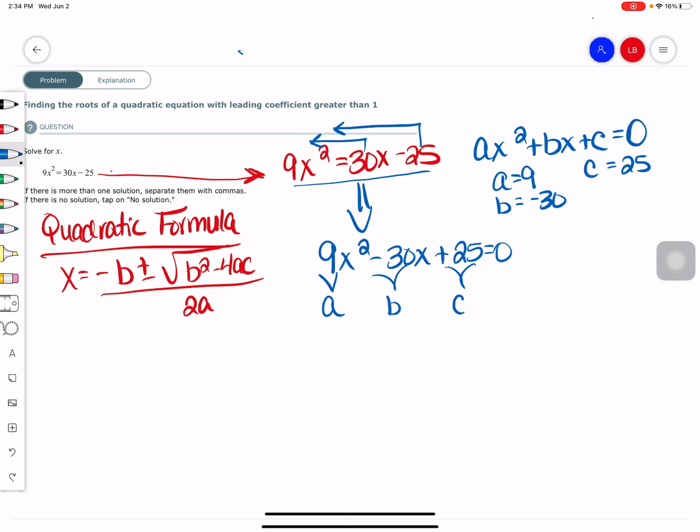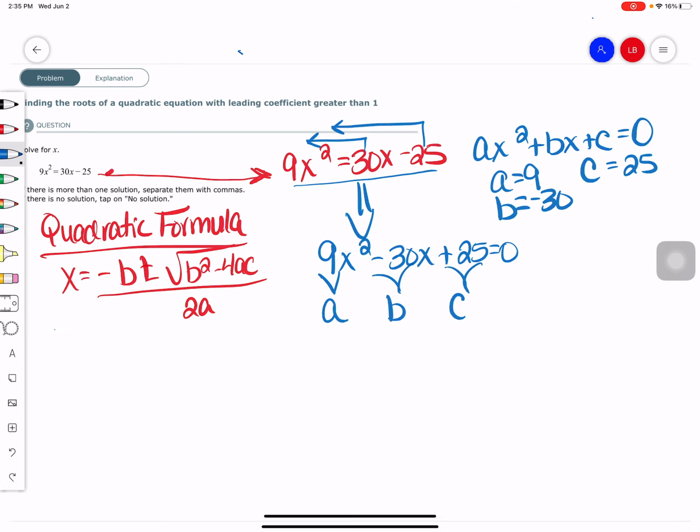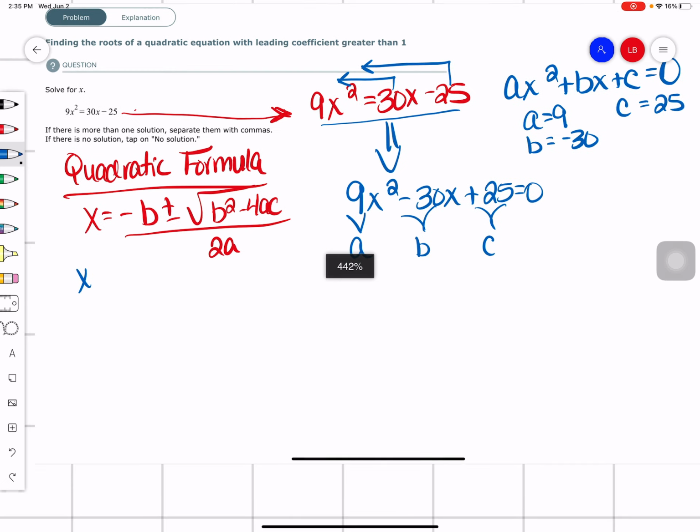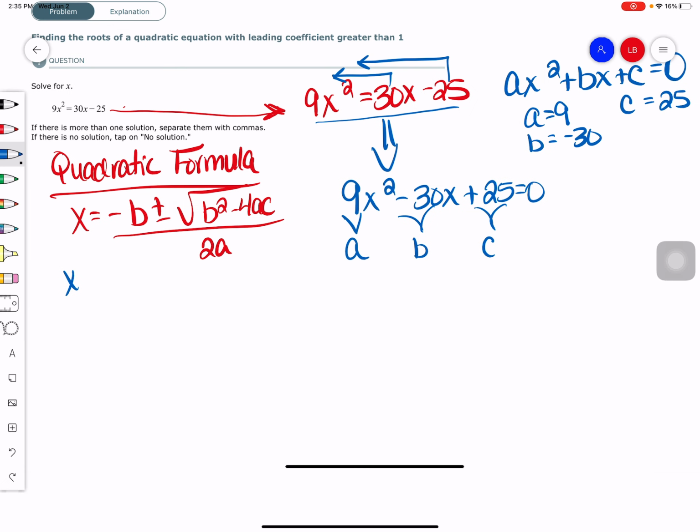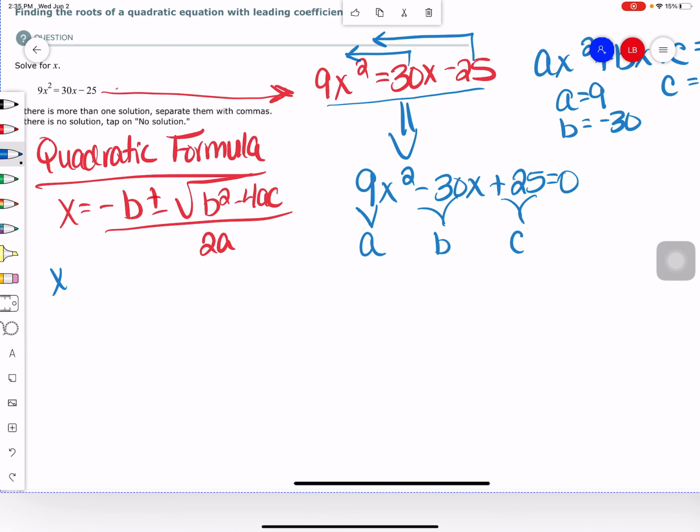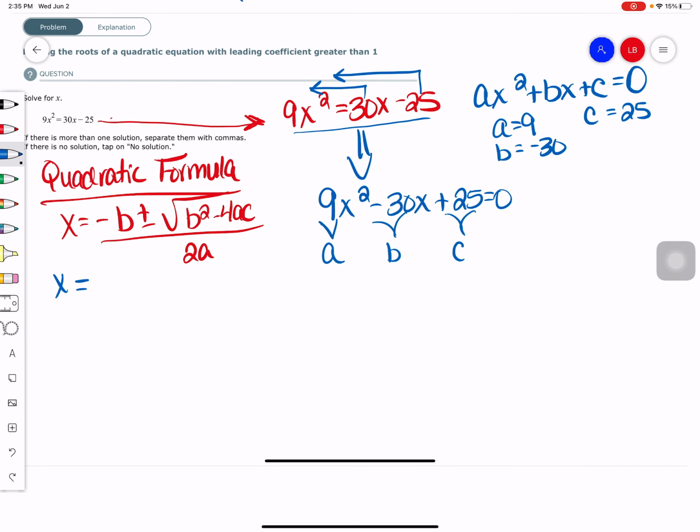Once you have that, you have done the hard part, because now I can substitute all of those terms into the quadratic formula, which will give me x is equal to the opposite of b. Well, b was negative 30. The opposite of negative 30 is positive 30.